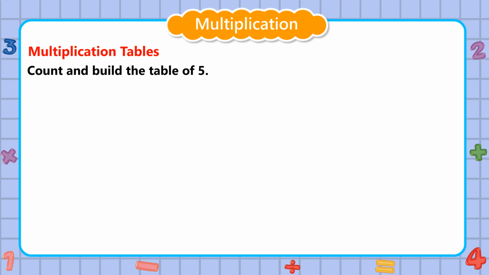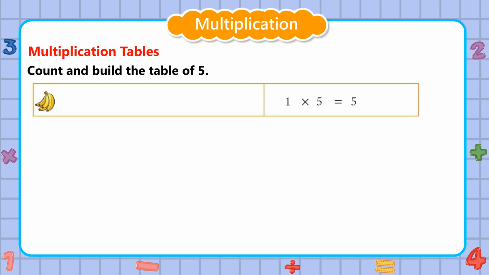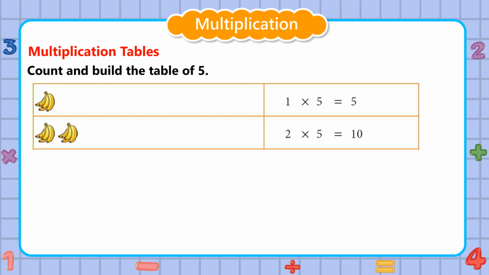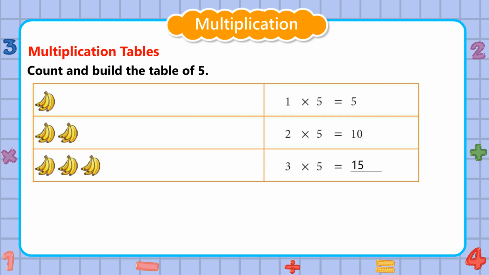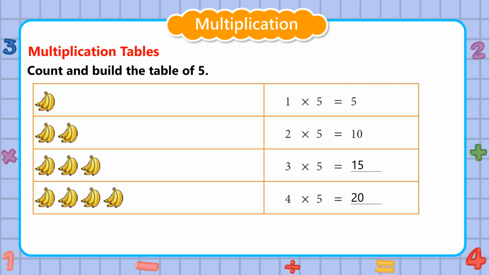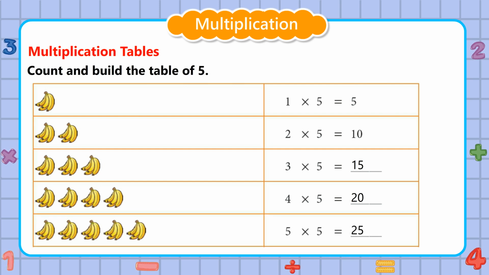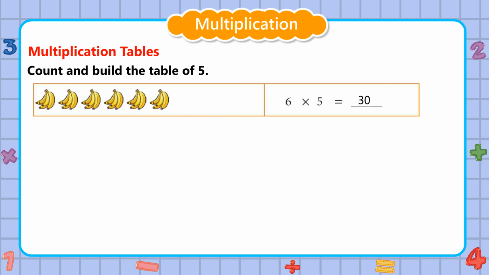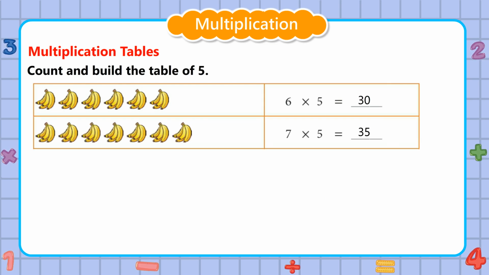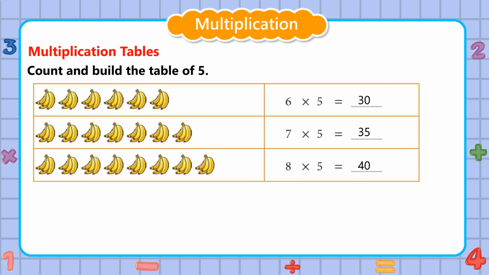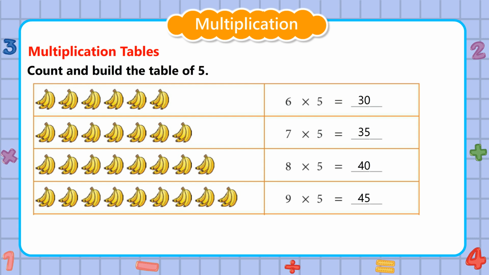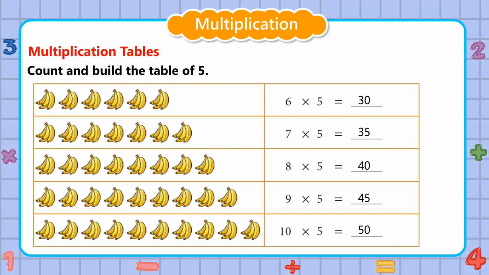Count and build the table of 5. 1 multiplied by 5 is equal to 5. 2 multiplied by 5 is equal to 10. 3 multiplied by 5 is equal to 15. 4 multiplied by 5 is equal to 20. 5 multiplied by 5 is equal to 25. 6 multiplied by 5 is equal to 30. 7 multiplied by 5 is equal to 35. 8 multiplied by 5 is equal to 40. 9 multiplied by 5 is equal to 45. 10 multiplied by 5 is equal to 50.